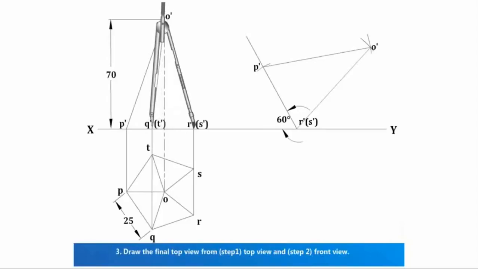Draw the final top view from step 1 top view and step 2 front view.